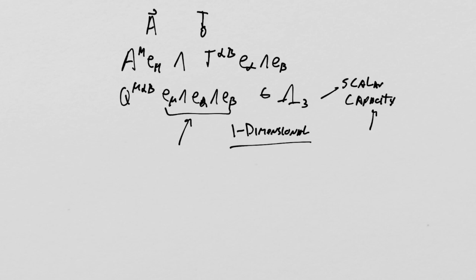This volume element here. So it does actually change with the coordinate system. If I expand the coordinate system, then this coefficient is going to have to shrink in order to keep this object to be the same. A regular scalar doesn't care. You can expand and contract it all day and it won't change. But a scalar capacity will shrink as you expand the scale of the coordinate system.